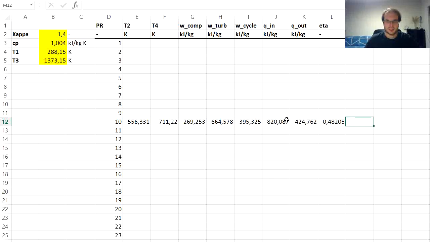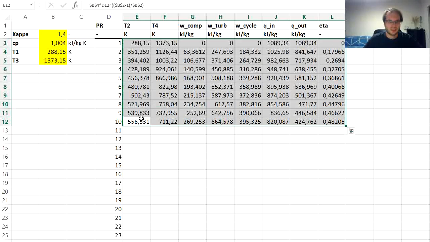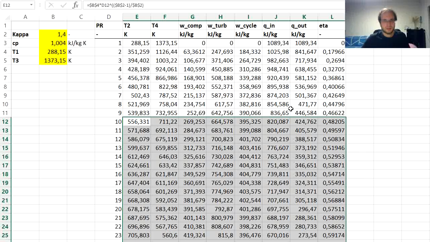Or also, just to make sure, we can also check that the efficiency would be the heat input minus heat output, Q in minus Q out, divided by the heat input. And you can see that these values are identical. But now when we have these functions implemented here, we can basically extend it both up and down, to lower pressure ratios and to higher pressure ratios.